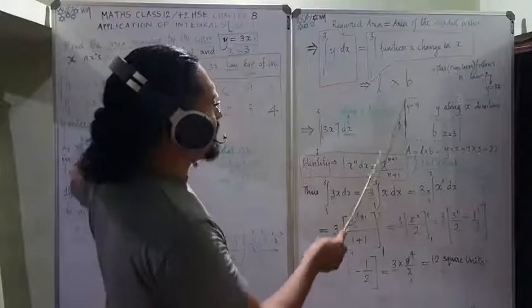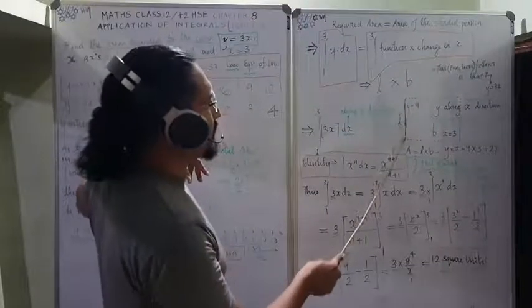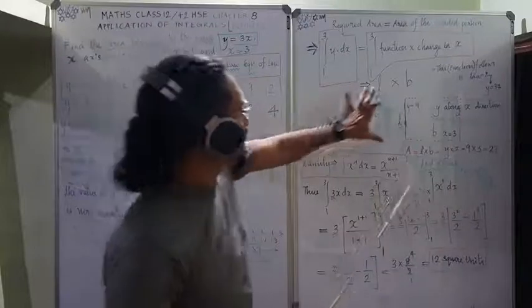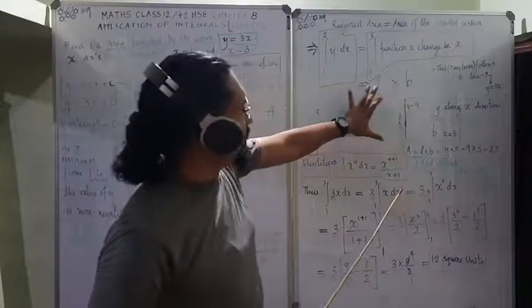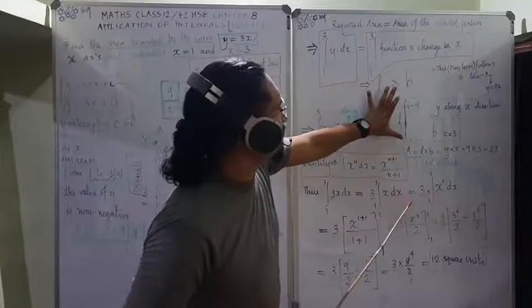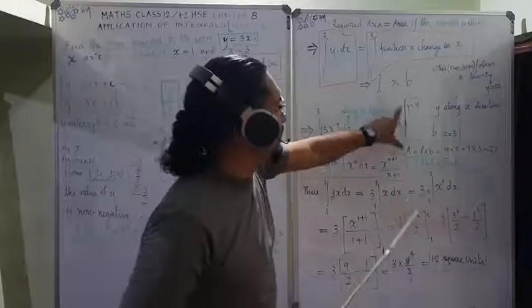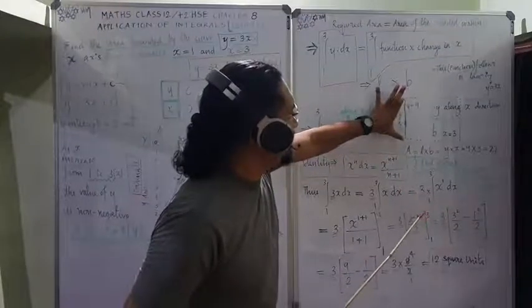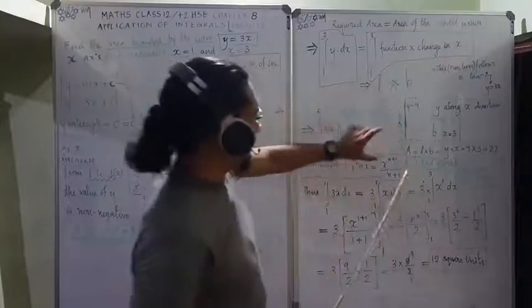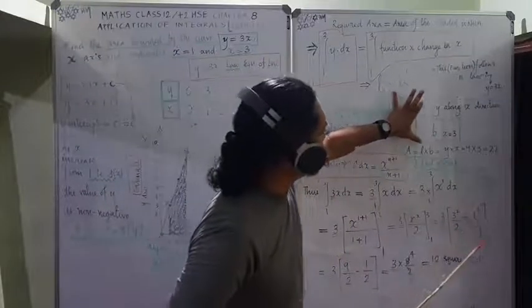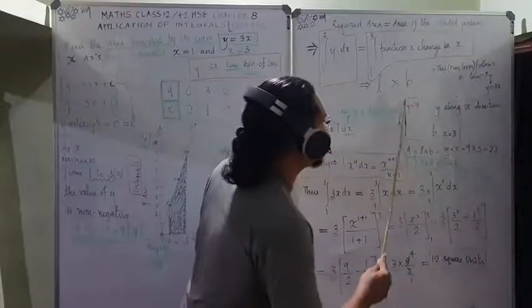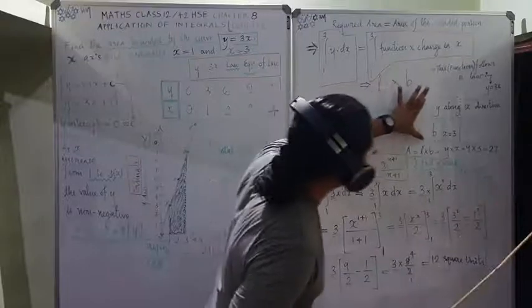That means let this line be y equal to 9. It has only one dimension, a unidimensional line. This line length is taken over to the length 3. That means this line of length 9 is taken over and traced.